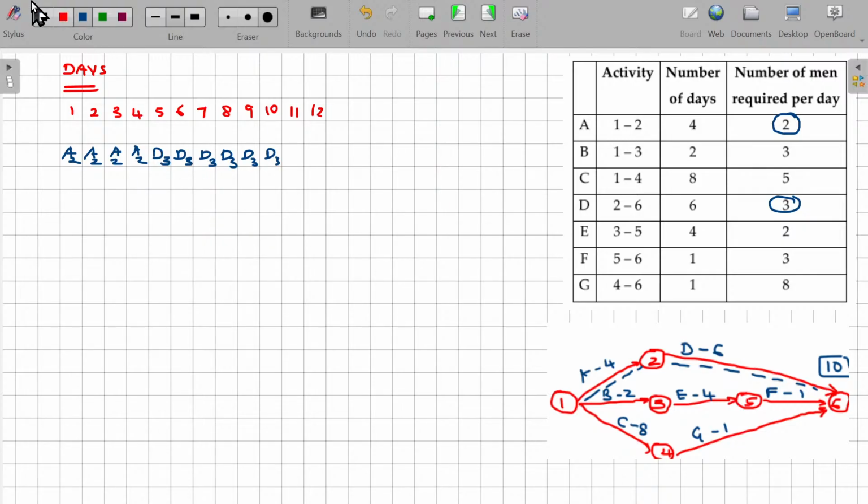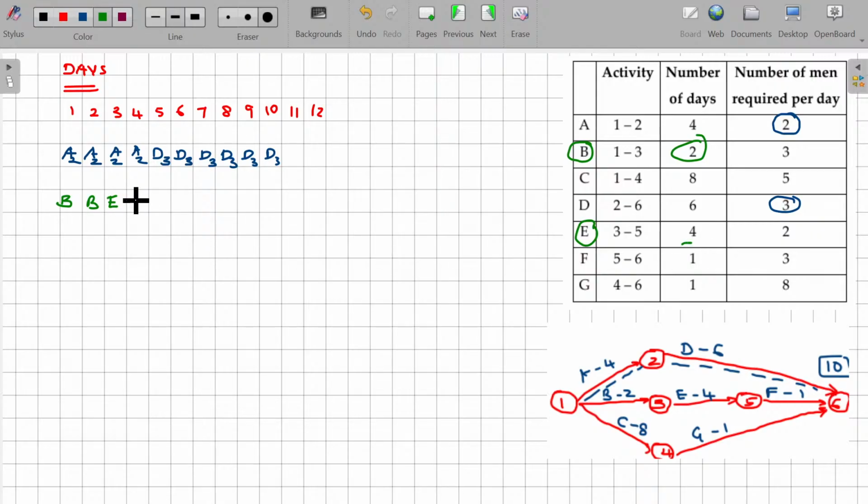Now what happens if I go for the next option? B. In case of B, I can start immediately, and the activity gets completed in 2 days. So here is B. Thereafter 3 to 5, E. E requires 4 days to complete.